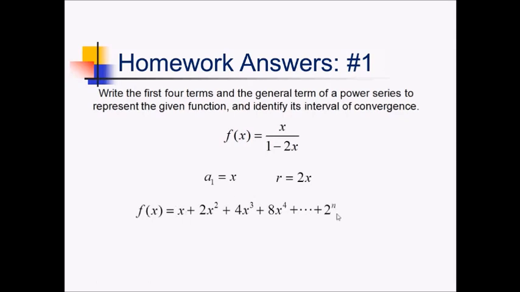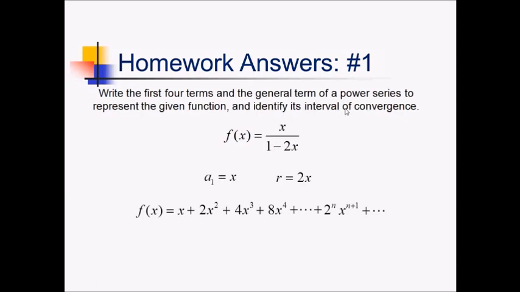So I'm going to write 2 to the n. Then if I plug 0 in for n as my first value, and I usually use 0, we get just 1 here instead of 2. Next, I need an x, and I'm going to do x to the n plus 1, because again, if n equals 0 is my starting n value, then I want x to the 0 plus 1 to be my very first term. And then plus dot, dot, dot to represent all the other infinite terms that are out there.